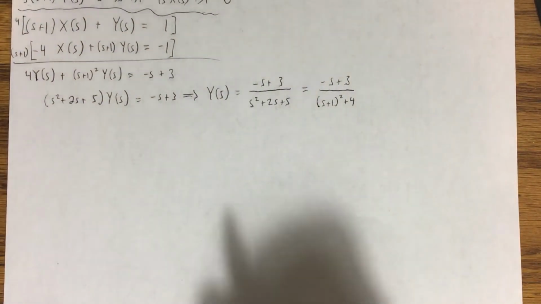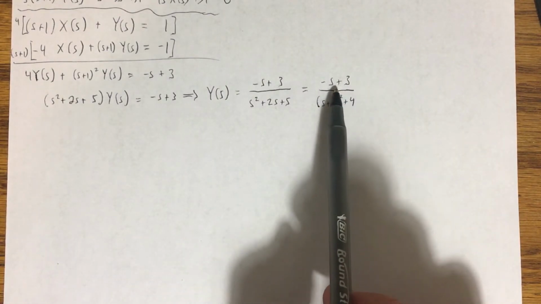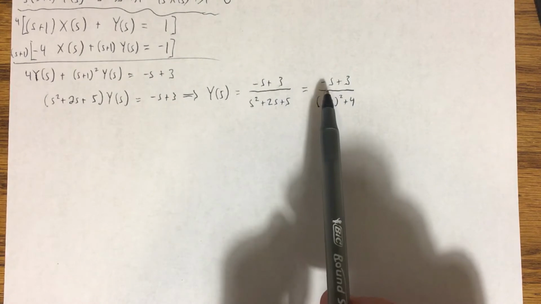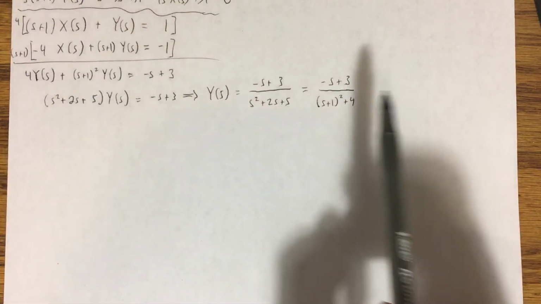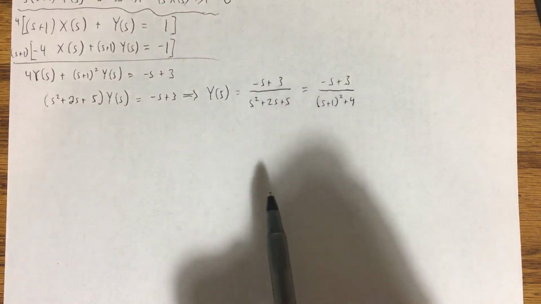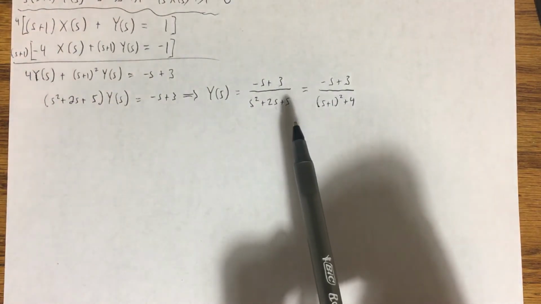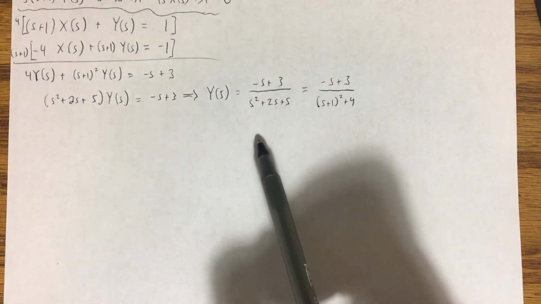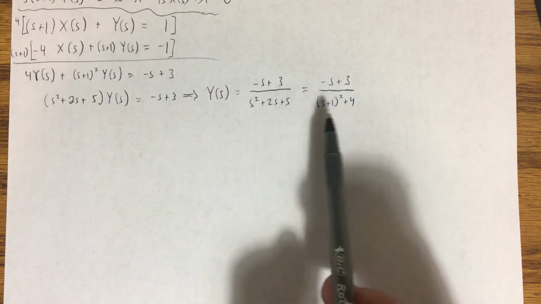And thinking ahead a little bit, I know that I want to find an inverse transform of this, which means I would want to split this up into a numerator that involves just a constant and a numerator that involves a linear term, something involving the s. Also, because I have this s plus 1 in parentheses here, I'm anticipating using that translation property.